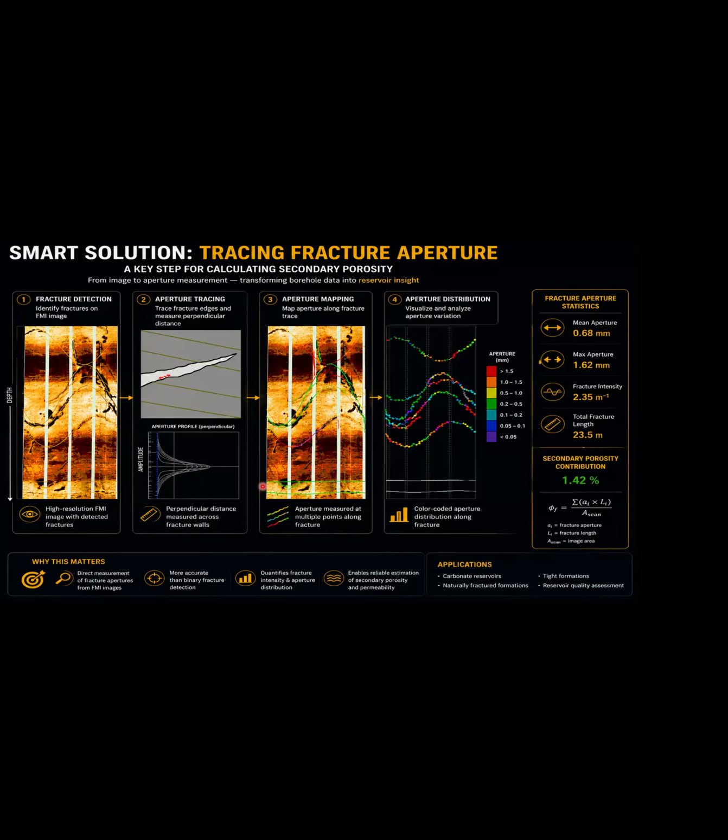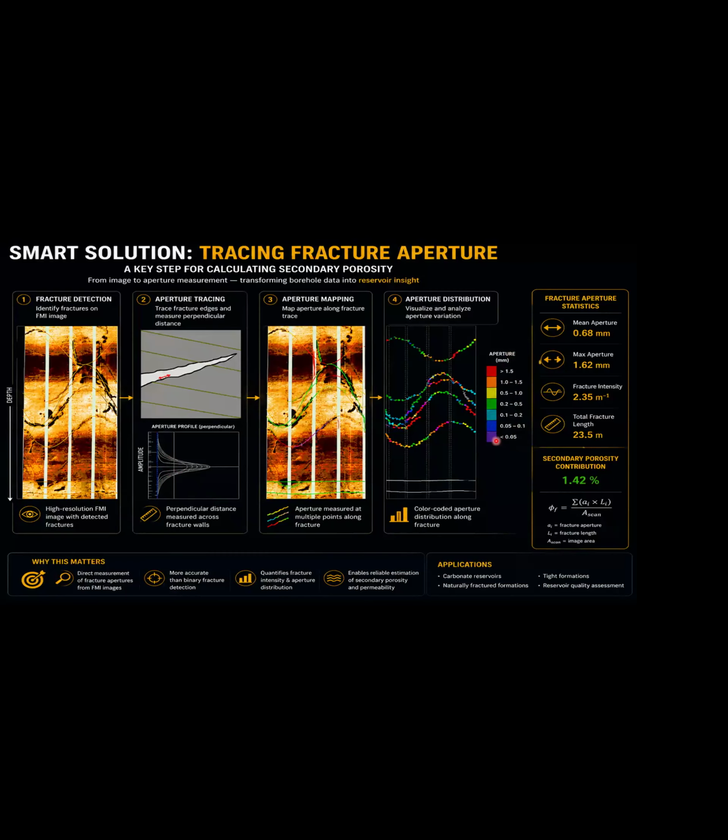So the fracture is here. This is tracing fracture aperture. So it's like having some quantification for the fracture, calculating the aperture, which is the opening of the fracture itself, and it has a lot of statistical criteria to be calculated, taking into account the mud resistivity and mud density and so on. And then there is a grading for the aperture or the intensity of the aperture itself, if it's small or big and so on.